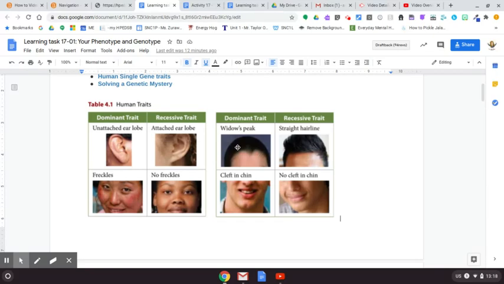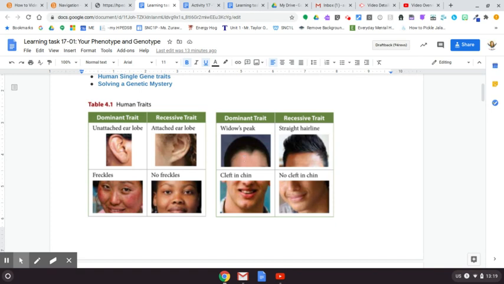If we look at something like a widow's peak, some people have a widow's peak up on their part. In order for the phenotype to be that I see a widow's peak, either both of my parents gave me the dominant trait, so the big W, mom gave me one, dad gave me the other, or one gave me a big W and one gave me a little w.